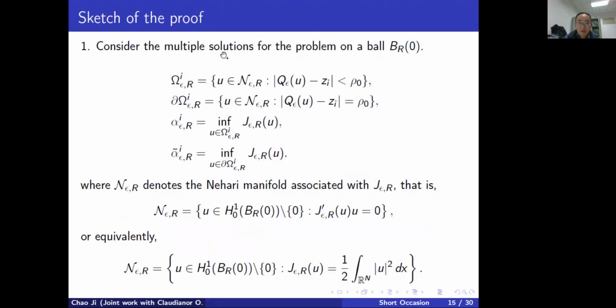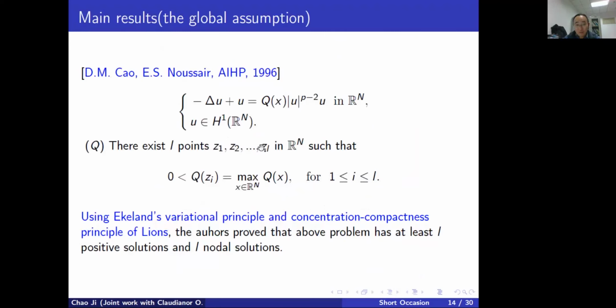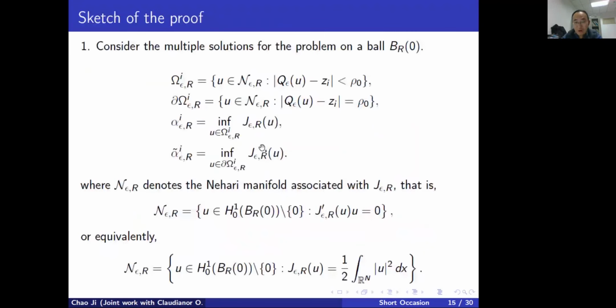So we consider the multiple solutions for the problem on a ball firstly. The Nehari manifold is C1, so we can use the method of this paper. We can get L different solutions for the problem on a ball.